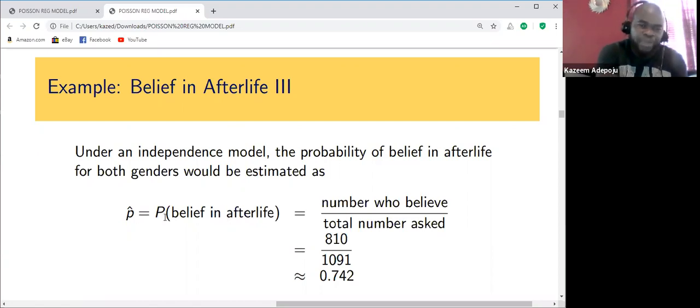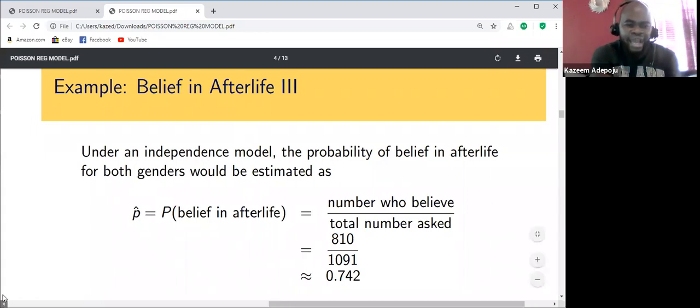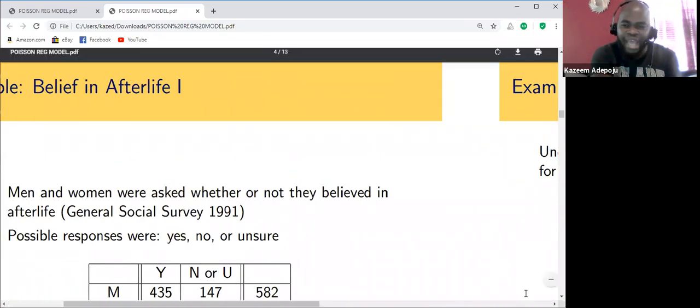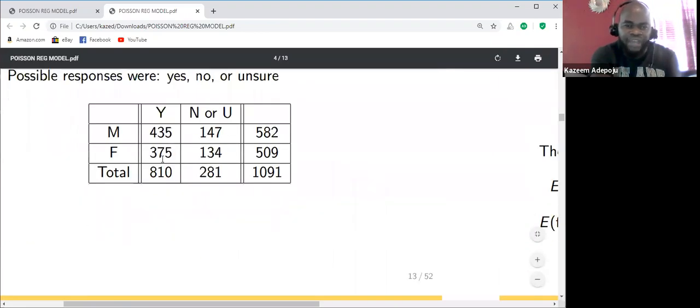If I want to get the probability of belief in afterlife, it is going to be how many of the respondents actually believe in afterlife. The number of respondents who believe in afterlife is 810, because 810 respondents say yes, they believe in afterlife.